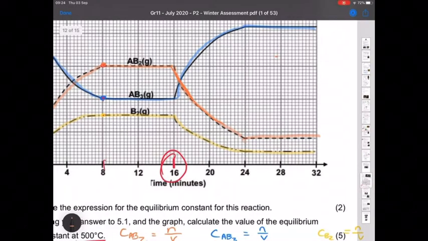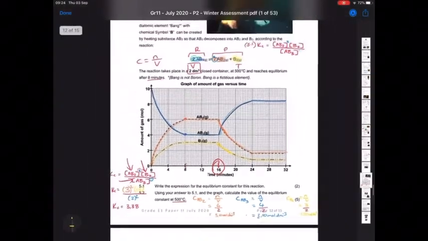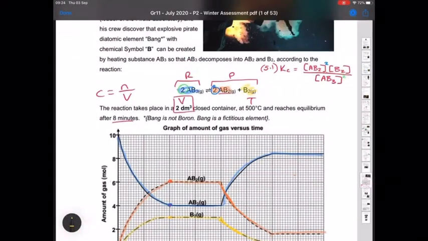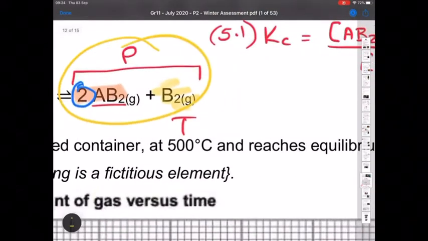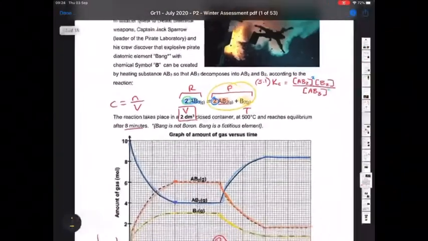Yellow line also goes down. So what do the orange and the yellow represent? The orange and the yellow represent products. So at the 16th minute, our products are going down. The volume is going to stay the same, so if the amount goes down, the concentration decreases.